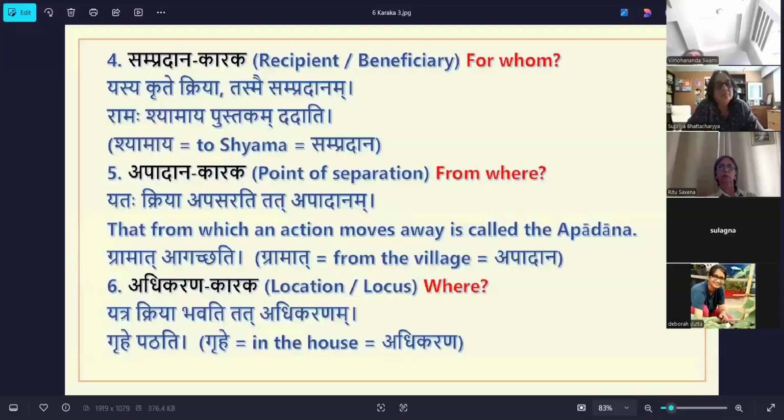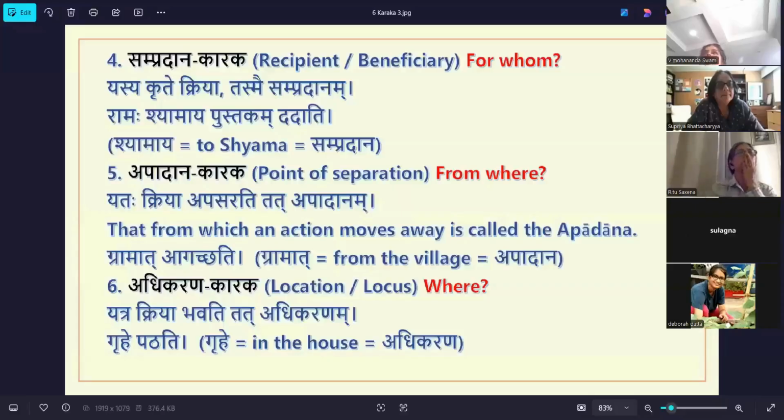That's all. So here there is no action involved, and we are studying karakas here. Karaka means that which helps in action. When I say this book belongs to me, there is no action involved. I am just stating a fact of belonging. Is it not? How am I related to the book?